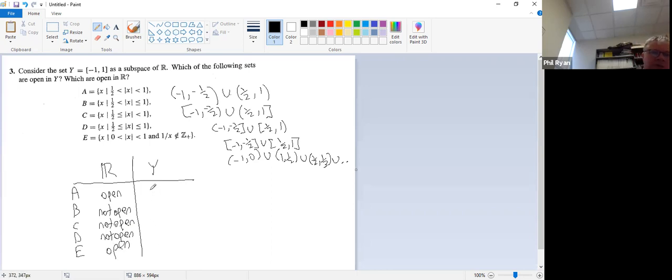Whereas in Y, if we restrict ourselves just to -1 to 1, then not only is Y open, but B is open as well. Because it doesn't matter if -1 and 1 are closed endpoints in R, there's nothing outside of it in Y. But these guys are not open. This is still open. Okay.